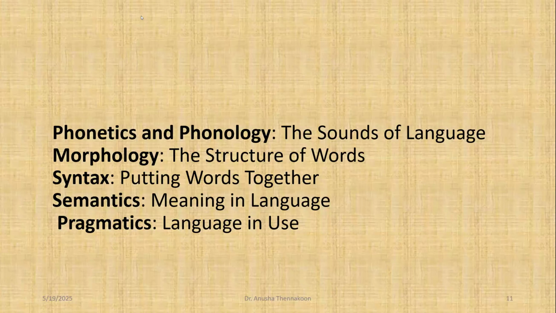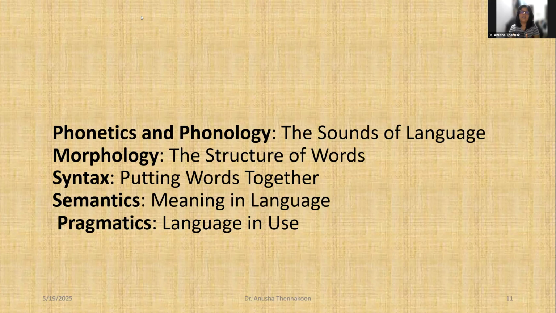Okay, here you can see phonetics and phonology. I suppose you all are familiar with these areas. Phonetics and phonology are about the sounds of language. And then morphology. Morphology is the formation of words, or the structure of words. And then syntax. Syntax is about how these words are put in a particular order.